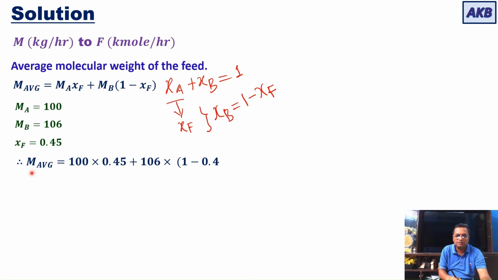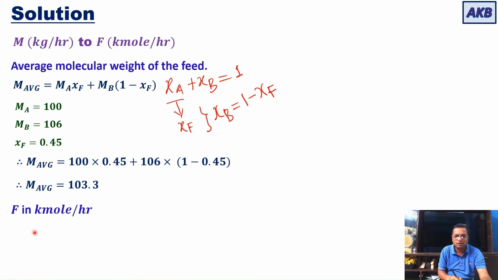This will give us M average is equal to 100 into 0.45 plus 106 into 1 minus 0.45, which gives us an average molecular weight of 103.3.